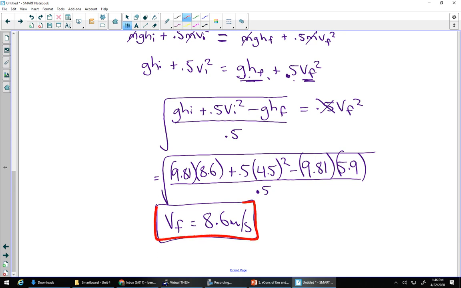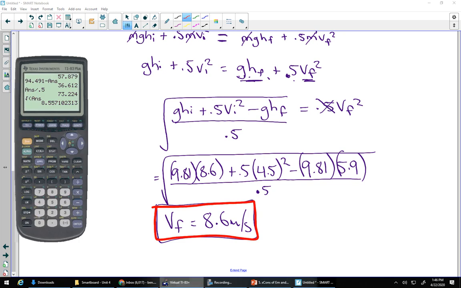Go ahead and try and plug in the numbers. 8.6 meters per second. Now, when you're plugging the numbers in for this one, I would recommend doing the entire top. So I do 9.81 times 8.6 plus 0.5 times 4.5 squared minus 9.81 times 5.9.